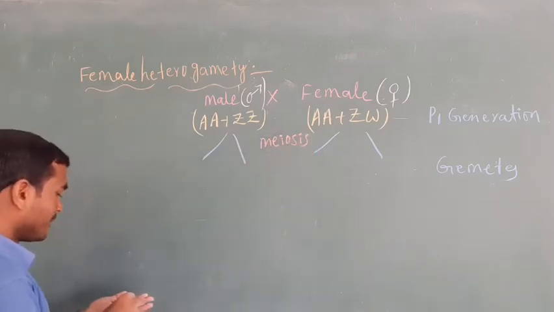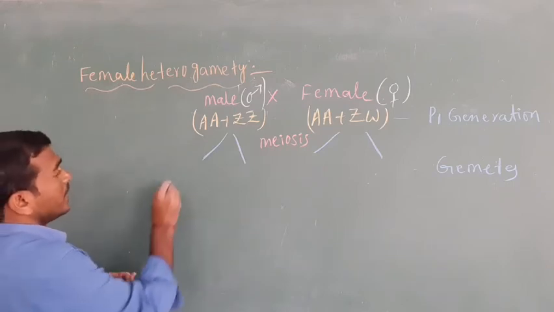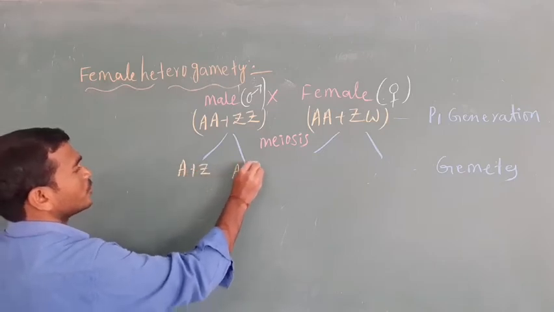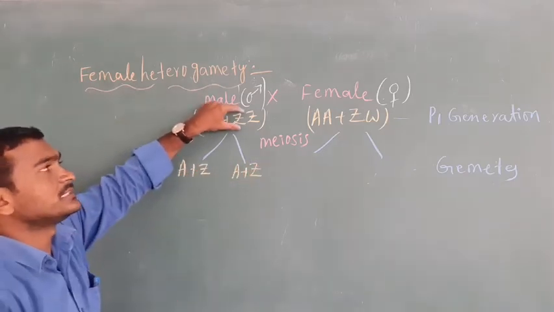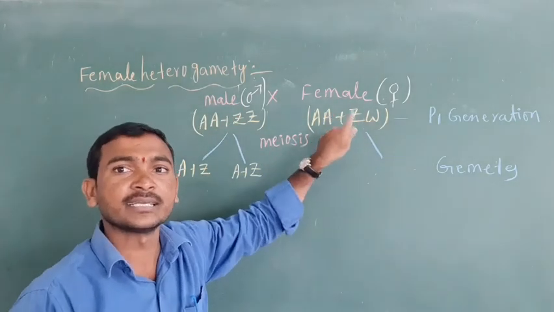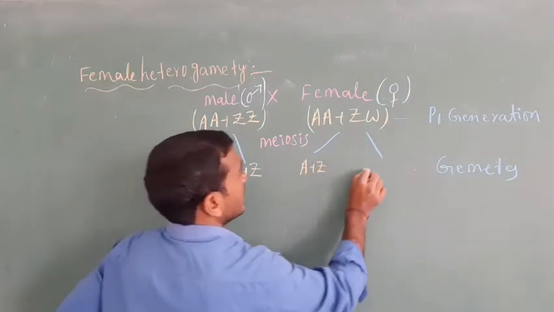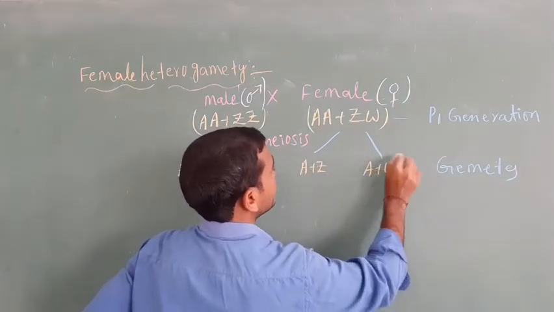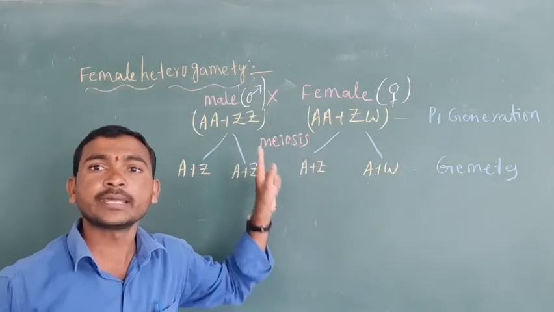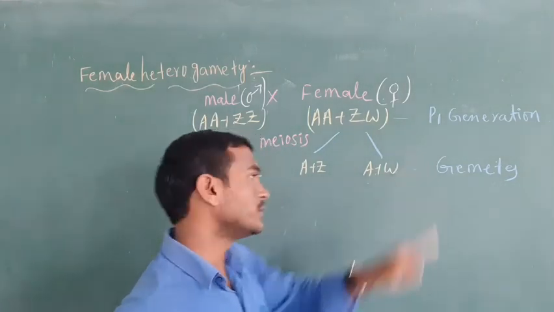After the meiosis, we consider autosomes plus Z. Here the Z is an allosome, and the W is also an allosome, a sex chromosome. Now we take autosomes plus Z, autosomes plus sex chromosomes. In meiosis the chromosome number is reduced. After that it is called gamete formation or gametogenesis.